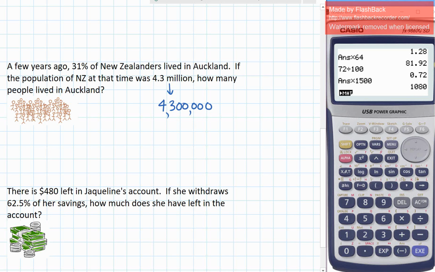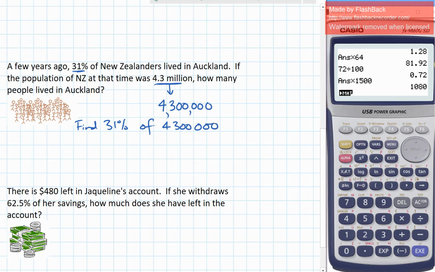So that's 4.3 million. How many people lived in Auckland? So a few years ago, 31% lived in Auckland. The population of NZ at that time was 4.3 million. So I need to find 31% of this number here, 4.3 million.